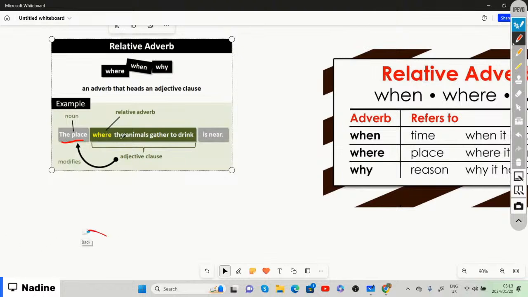And the next part, where the animals gather to drink, is an adjective clause. So the word where is a relative adverb, and it tells us either when, where, or why.